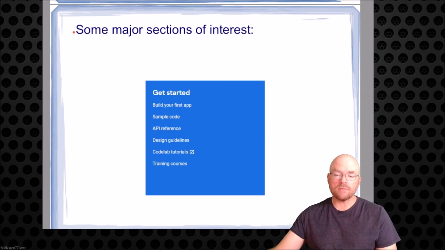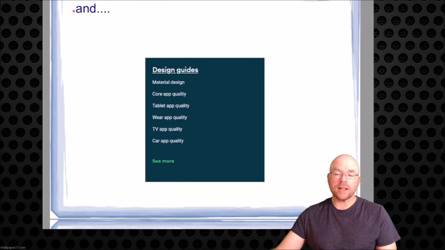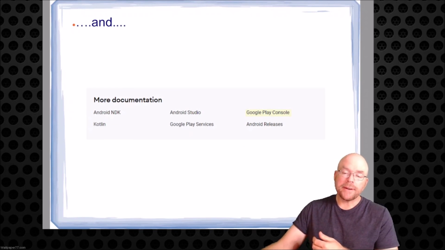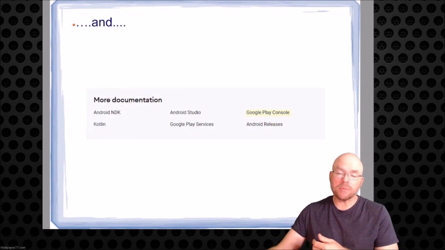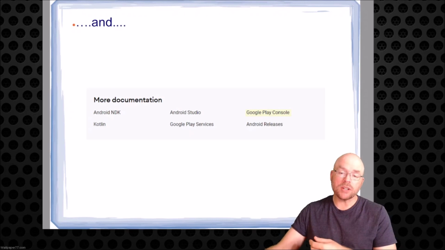Guidelines for design. Access to training courses, different tutorials. Design guides. And there's additional documentation here, including the Google Play console, which I highlighted because if you want to publish your app on the Play Store, this link gives you the information for that.